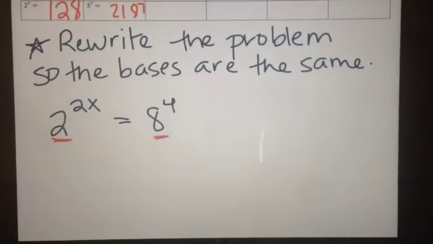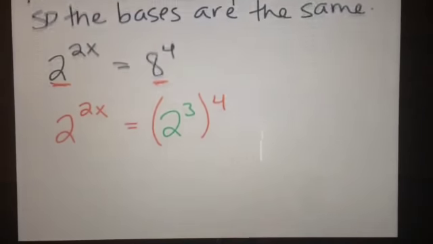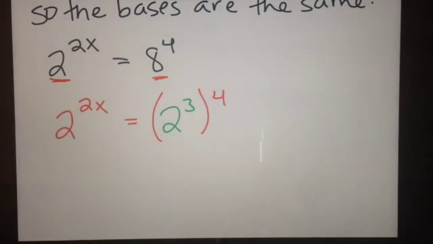So the 2 to the 2x stays exactly the same. The 8 I'm going to rewrite as 2 to the third, but I still have that exponent of 4 on the problem. So 2 to the third is basically 8, so I still have 8 to the fourth, but I've just rewritten it.